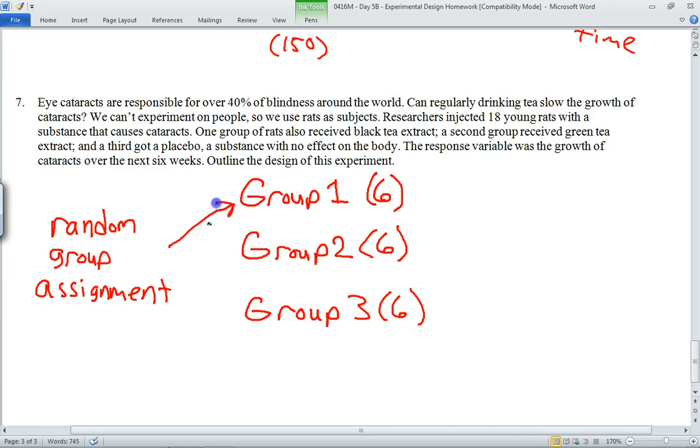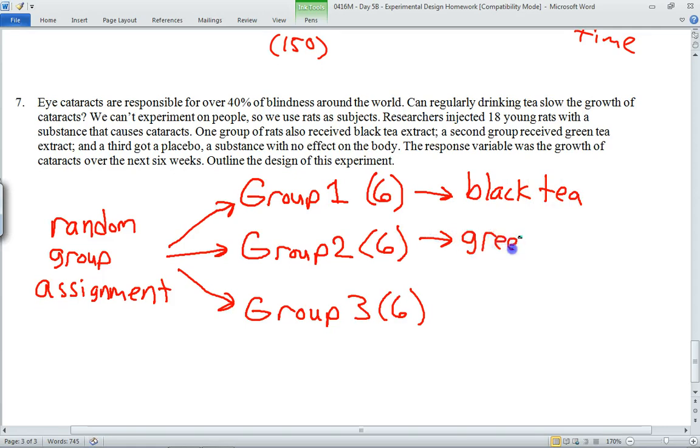So, as we said, the rats should be randomly assigned to each of these groups using some sort of a computer or number generator. Once the rats are randomly assigned to the 3 groups, then group 1 can get black tea extract, the other group can receive their green tea, and the third group can get their placebo.